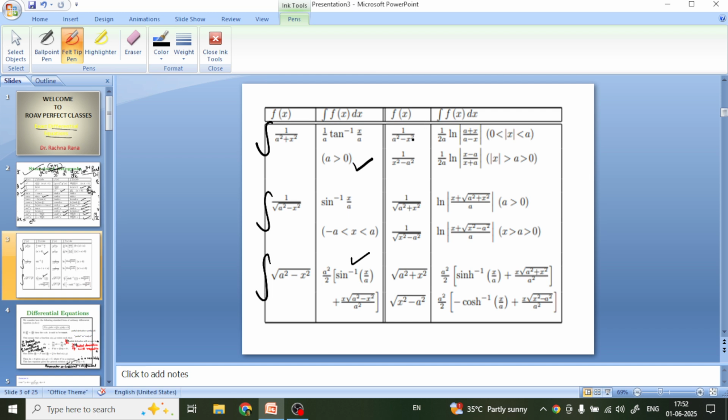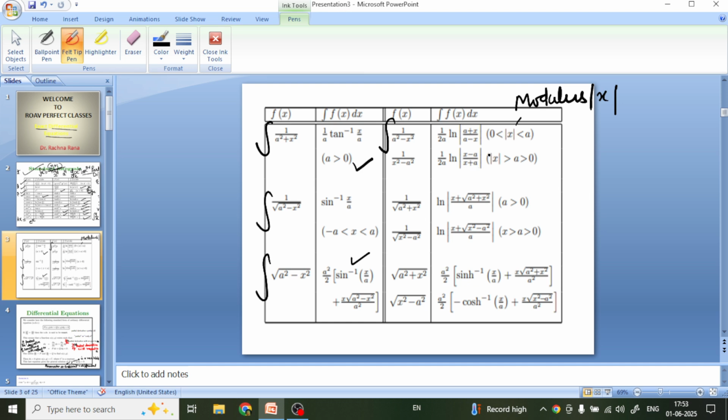And next, another formula of integrals. If you want to find 1 over a square minus x square, then you write it as 1 over 2a log of a plus x over a minus x, where 0 is less than mod of x and x less than a. For 1 over x square minus a square, that is equal to 1 over 2a log of x minus a over x plus a.